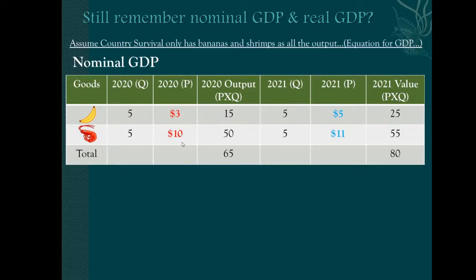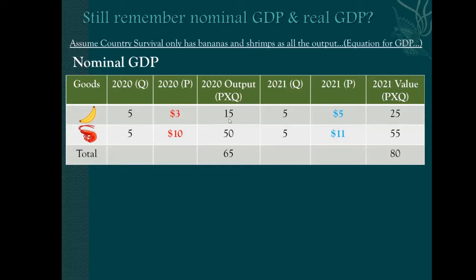It's the price. In 2020, the price for one banana is $3, and for one shrimp is $10. At the end, if we put everything together, remember the AD-AS curve that we have: the x-axis, when we talk about output, is a value.